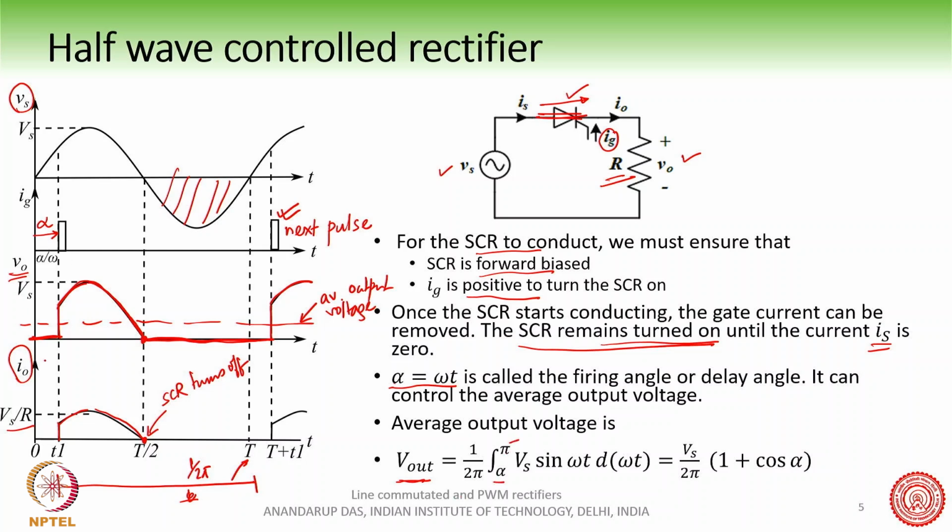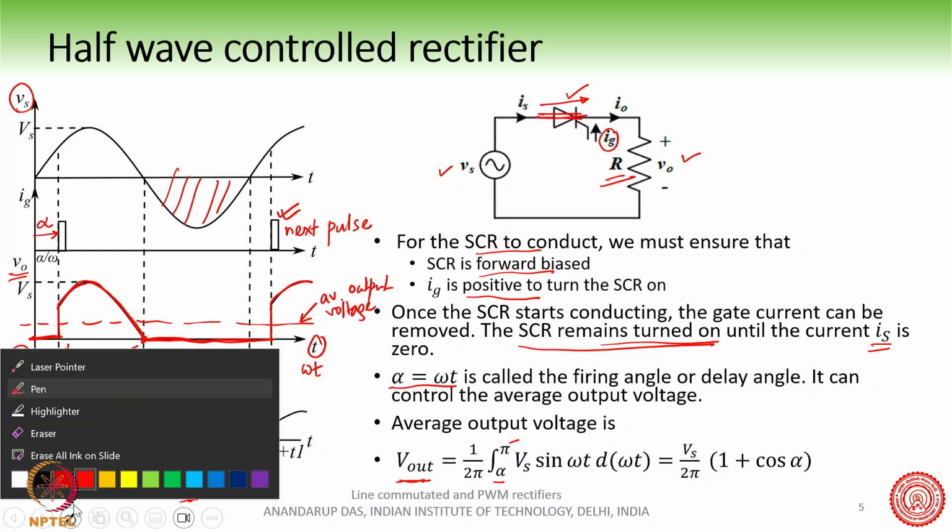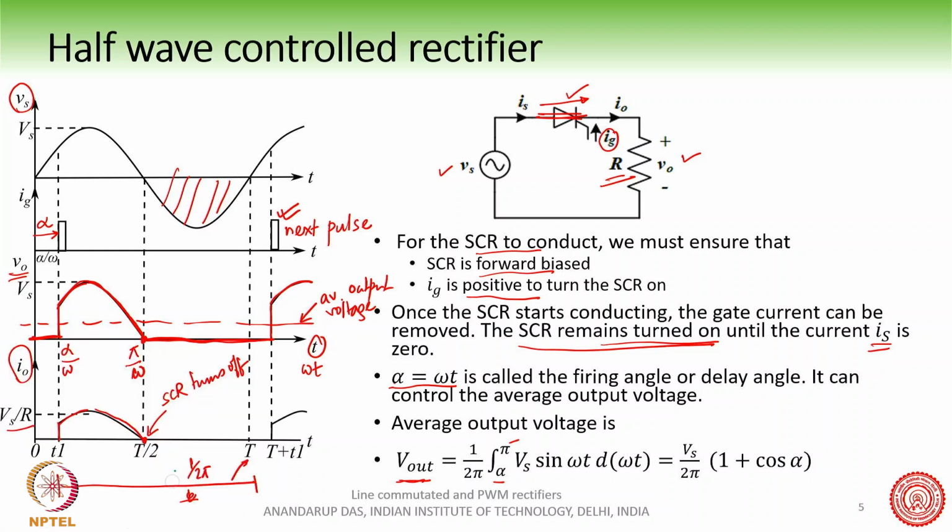So this is the alpha angle here, and corresponding to alpha, so alpha to pi. Here this is T, so if I take it as omega T, then this is alpha to pi, otherwise we have to use these expressions. So we can actually change the variable, so let me make it properly.